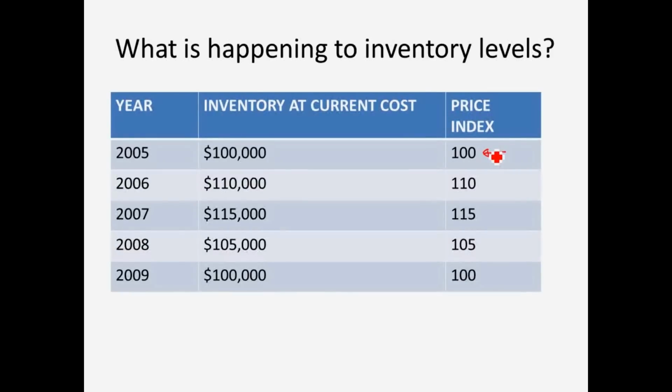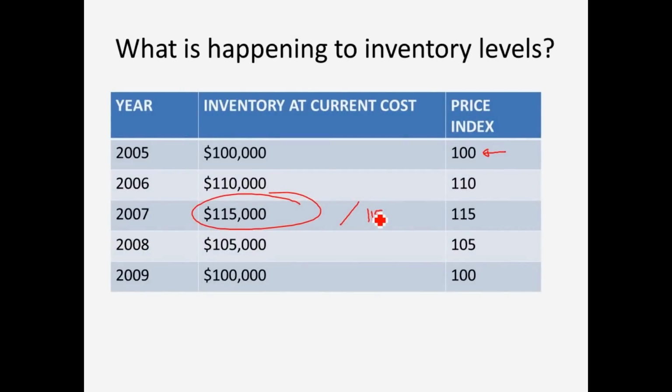And that's kind of the way you want to think about price indices. They're a mechanism for converting current costs into old costs. So how do I do it? Well, I just take the value of my inventory right now and divide it by the price index, and that'll tell me what it would have cost in base level prices.